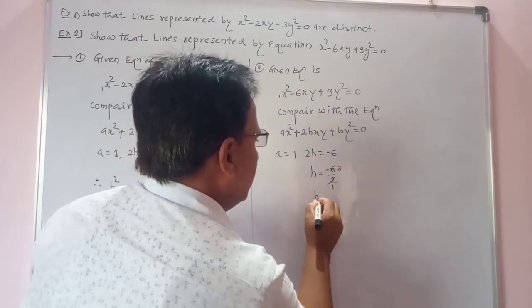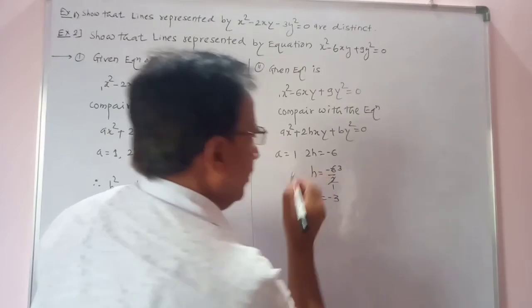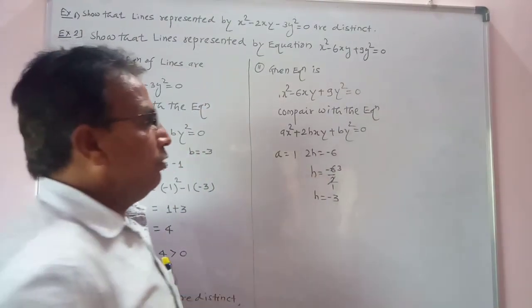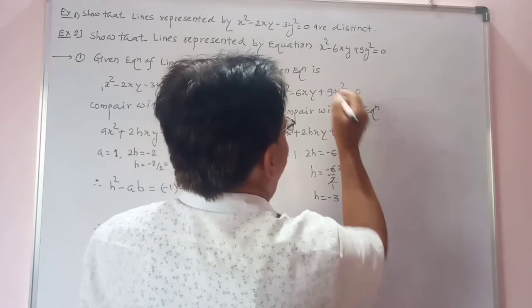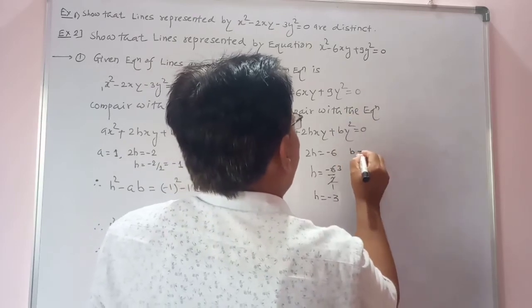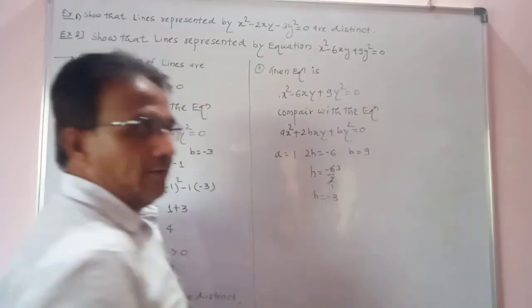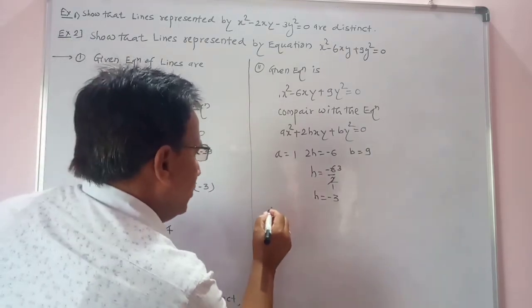The value of h equal to minus 3. The value of b is 9. Therefore, we check the condition.